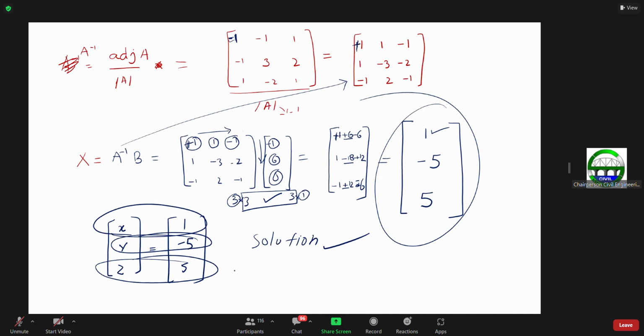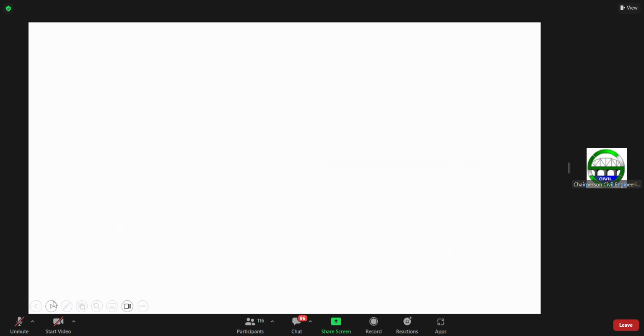Okay, so let's move to our next topic for today. There are elementary operations or transformations on a matrix.